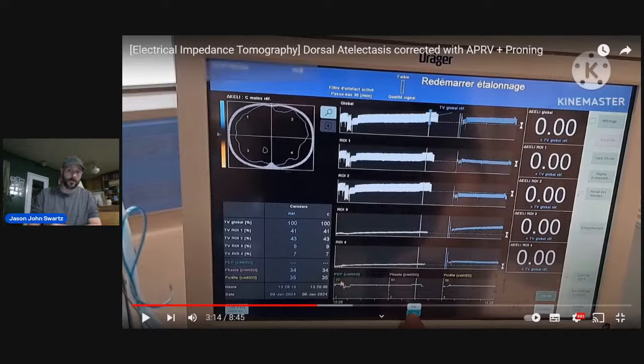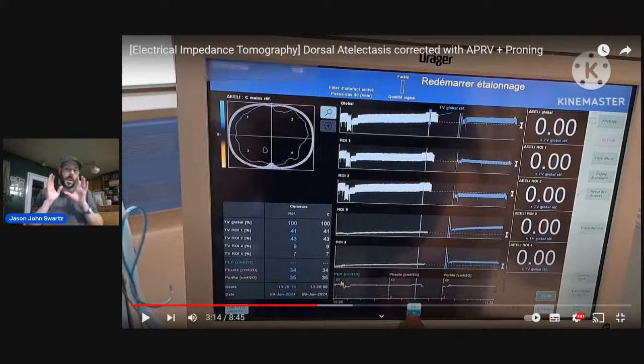I don't know if I have time now, but it is extremely accurate. I've done it in previous videos when a patient has to go for a CT scan, so I happen to have the PulmoVista, whether it's before or after, and we compare it to the CT scan. Obviously we can't see tissue, we can't see inflammation, we can't tell the difference whether it's atelectasis or consolidation with this device.